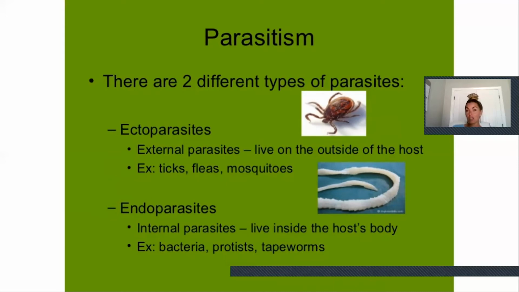So this is the one that you're not going to know that's hurting you because you don't know what's in there. So that is going to be like a tapeworm, bacteria, a protist. That's going to be on the inside. So two different kinds of parasitism, the ectoparasite and the endoparasite. So ecto is going to be your mosquito, your tick, your flea. And the endo is going to be on the inside, like a tapeworm.